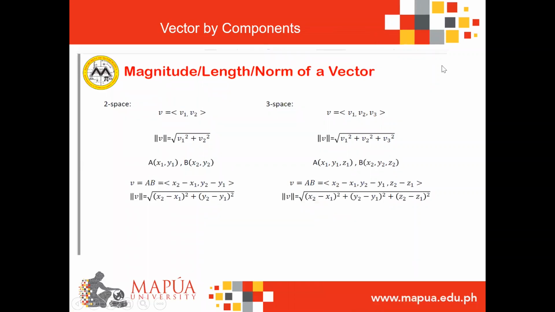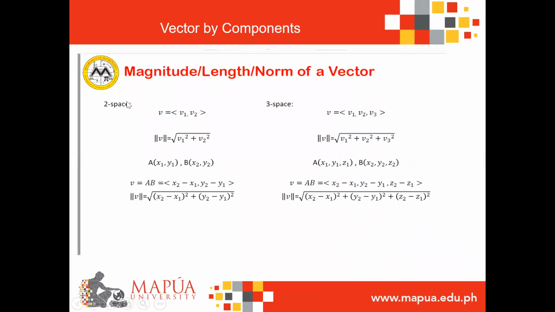So let's recall the formula that we have learned in our first lesson, that is vectors in the plane. We have here vector components as well as the magnitude, length, or norm of a vector.